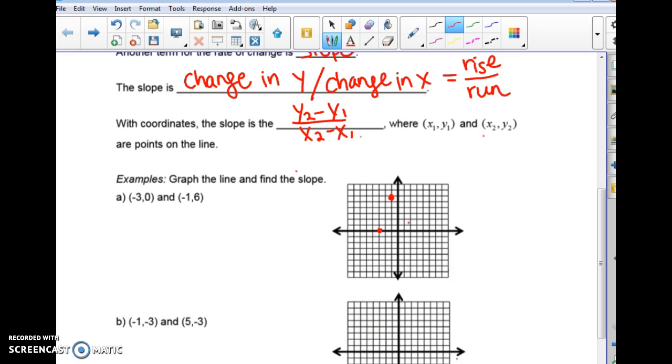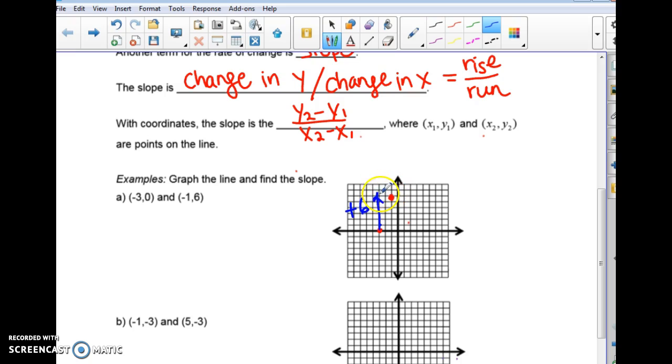When we use the graph, we always do rise over run. If you look at the graph, from one point to the next point, we have to rise how many? We always start from the left point, so I'm going to rise how many? 1, 2, 3, 4, 5, 6. We rise 6, up 6. When you go up 6, that's positive 6.